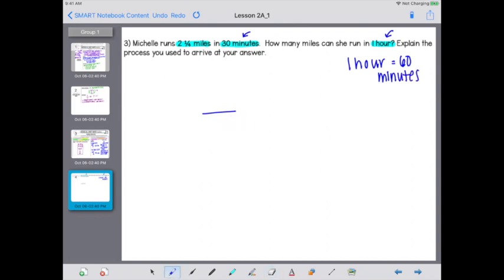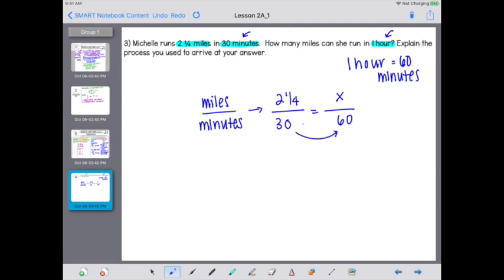So what we can do is say minutes is our denominator, miles is our numerator, and we're just going to set up our ratios and our proportions. So 2.25 miles in 30 minutes, and we need to see how many miles can be run by Michelle in 60 minutes. So I know from 30 to 60, I need to multiply by 2. So in order to get from 2.25 to the missing piece, you have to multiply it by 2.